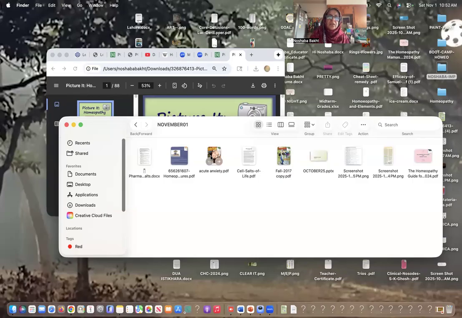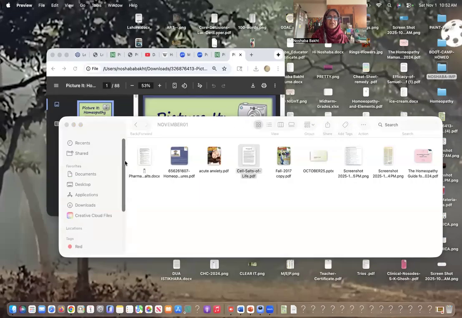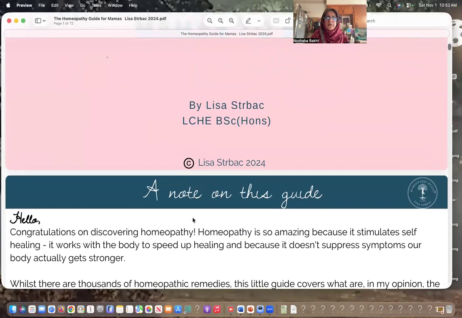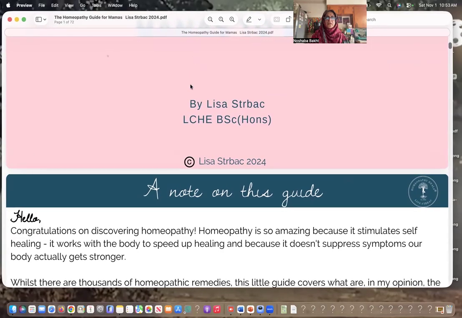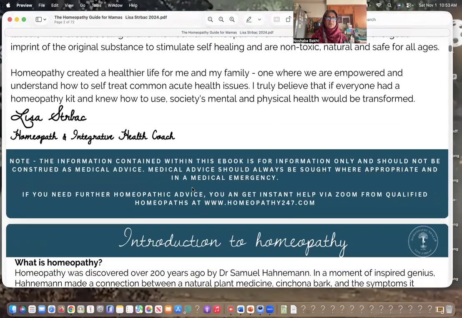So I sent you this cell salts picture, I sent you by Karen Bartlett. I also ordered another one by this lady, Lisa Starbuck. I listened to her interviews. She has a lot of knowledge about homeopathy, and she's doing a lot of good work, I think in Europe.